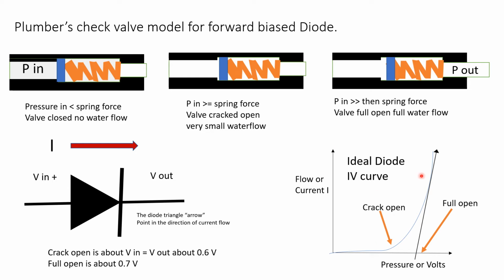This is a classic ideal diode curve that every electrical engineer, technician, physicist should recognize. The interesting thing about this diode curve is when we get to solar panels, we're going to flip it upside down so that where this graph crosses this line, we have the open circuit voltage. But I'm going to leave that to a different presentation.